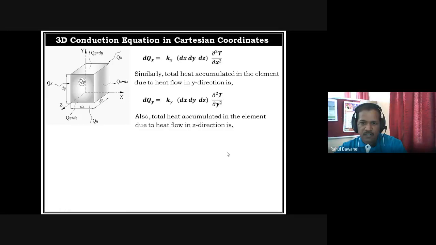And also for the z direction, in the same manner, dqz is the heat accumulated when heat flows in the z direction. So the terms are replaced: kz, that is the thermal conductivity in the z direction. In the z direction, volume remains the same, dx dy dz, and del square T by del z square.